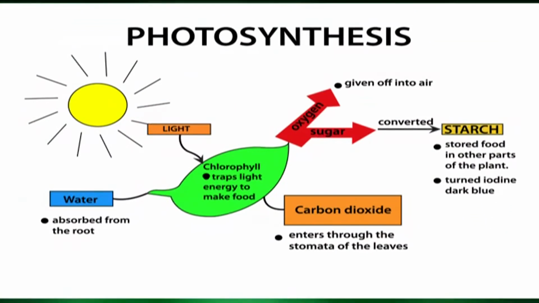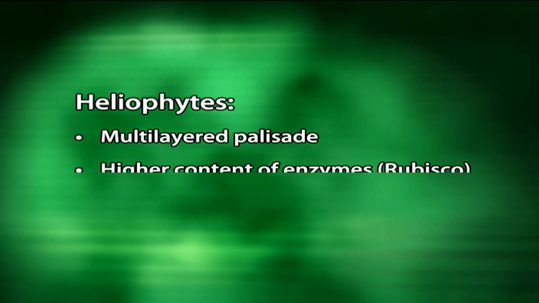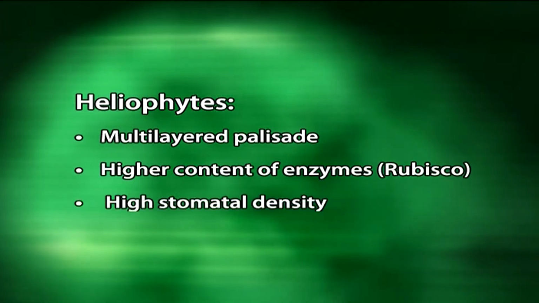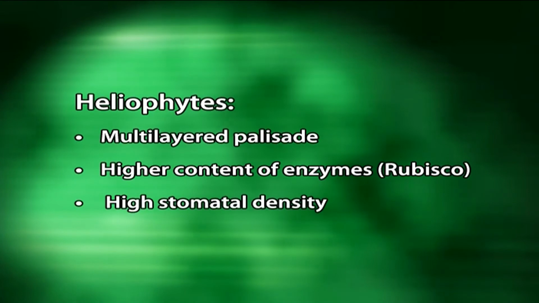The plants adapted to high light intensity show a high rate of photosynthesis than sciophytes, in which the photosynthetic rate is limited by light availability. The multilayered palisade tissue, a higher content of enzymes such as the carboxylating enzyme rubisco, and high stomatal density for efficient gaseous exchange are collective indices reflective of a high photosynthetic rate in leaves of plants adapted to high light intensity environments.